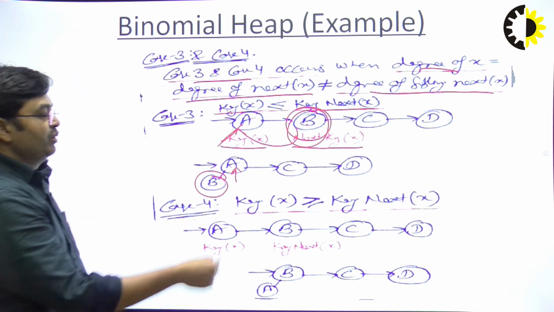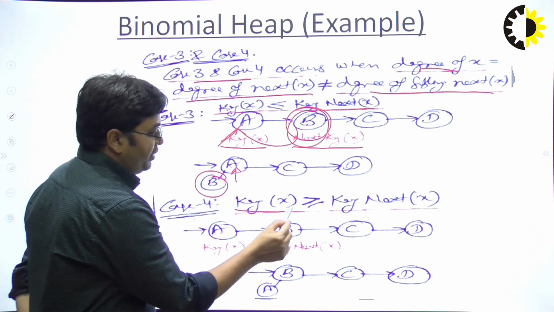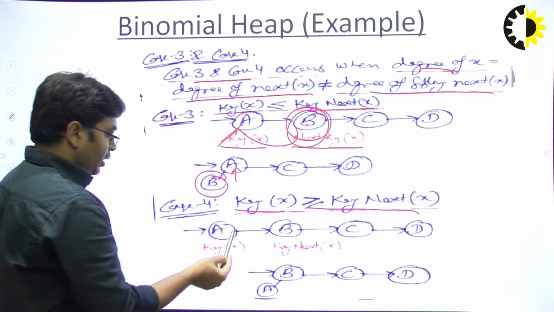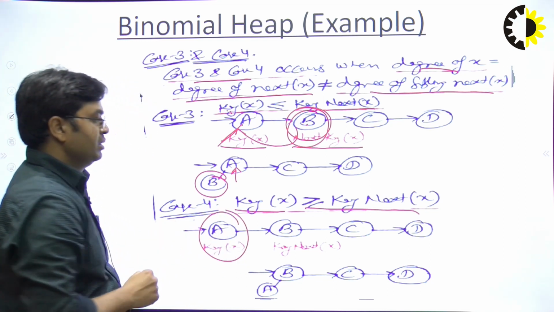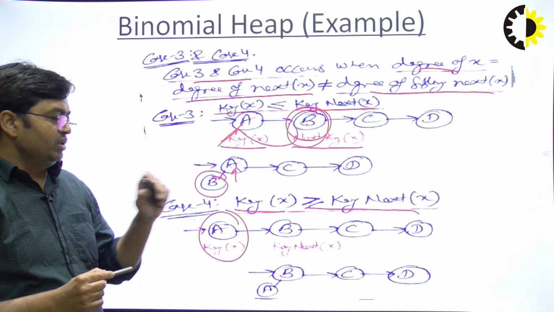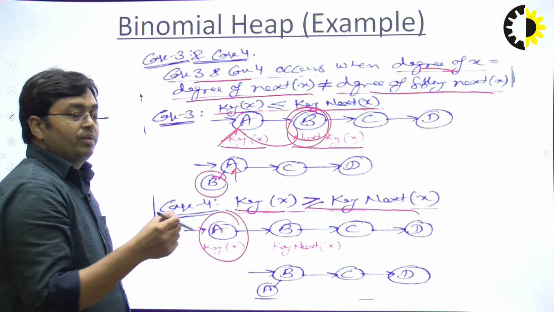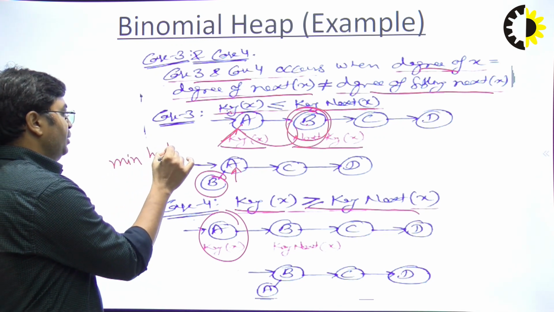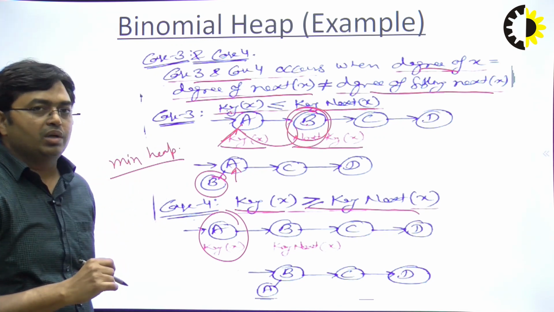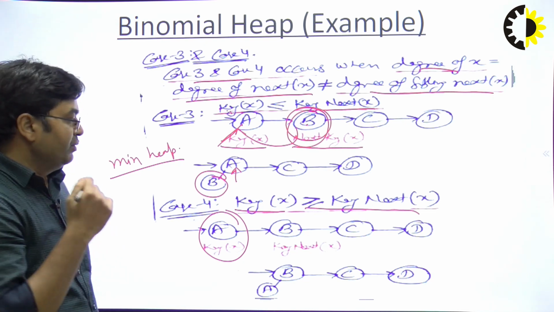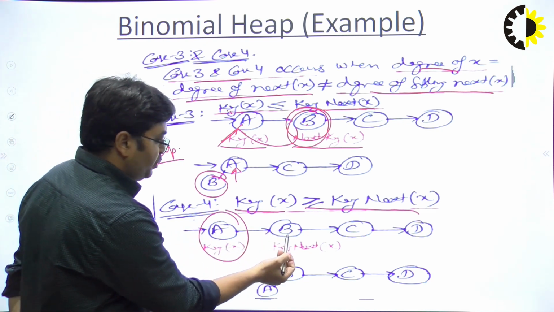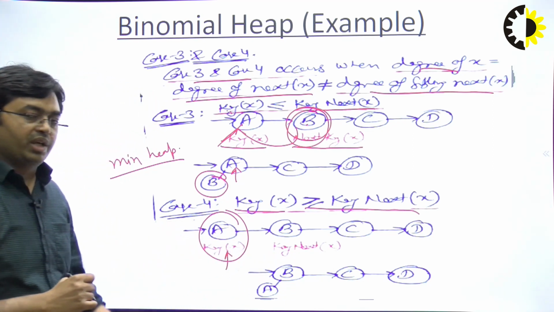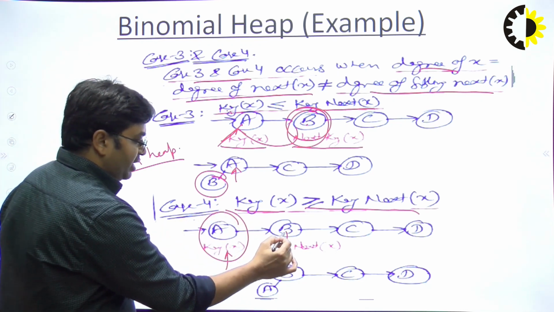Second condition may be key of x greater than or equal to key of next of x, means this value is greater than or equal to this one. Our purpose is to make a minimum heap. Minimum heap means at the root node we have to have the minimum value. So from a and b, a has the larger value, b has the lesser value.